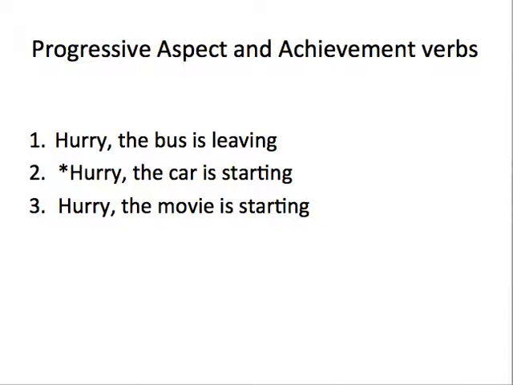So notice how the progressive there can give some duration and how it interacts with those particular achievement verbs, which are not normally used with the progressive. But notice how they do capture an element of real life experience. We can only understand these sentences through their direct reference to some real event and real experience.